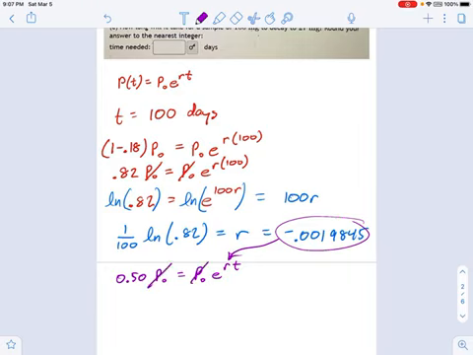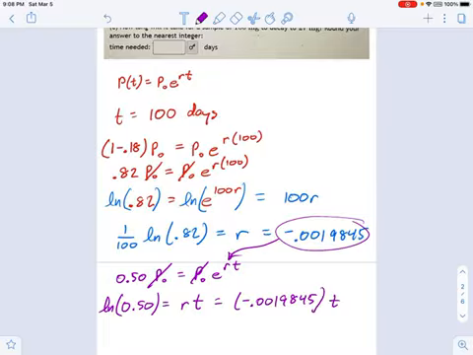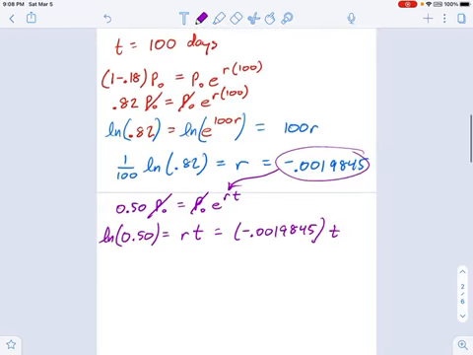First of all, the P naughts cross out. You get 0.50, 50% equals e to the RT, and we're going to take the ln of both sides. The ln of 0.5 equals RT. Remember, I took the natural log of the right side, it canceled out the e, and that equals negative 0.0019845 times T. So all I have to do at this stage is divide each side by this terrible decimal.